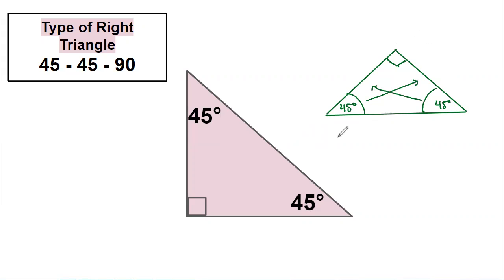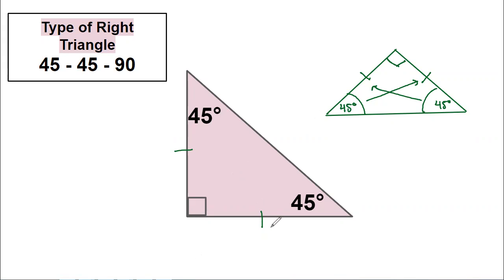They're congruent to each other. So this triangle is basically the same triangle that we have here. These two legs are going to be congruent to each other. We have what we call an isosceles triangle. Isosceles means that we have two congruent sides.